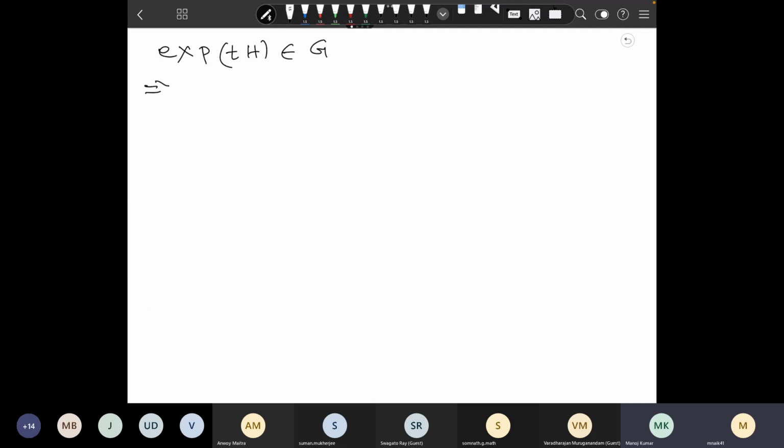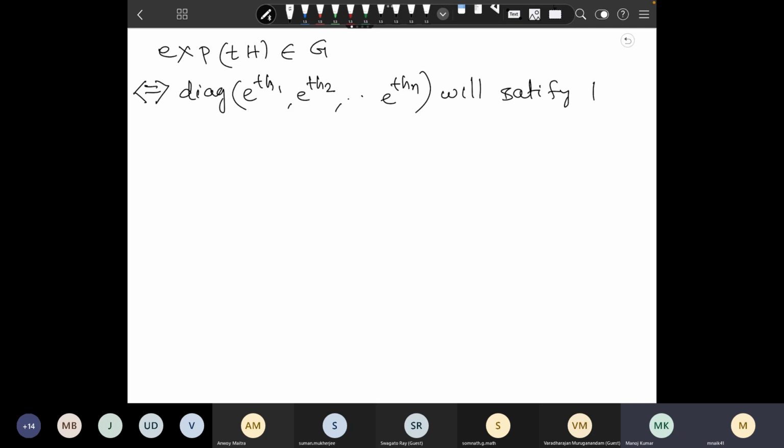That will imply the same thing: diagonal of e to the power th1, e to the power th2, dot dot dot, e to the power thn will satisfy P. Since this matrix exponential of th has non-diagonal coordinates 0 and imaginary diagonal coordinates 0, this is equivalent to saying that diagonal of e to the power th1, e to the power th2, dot dot dot, e to the power thn will satisfy P1.